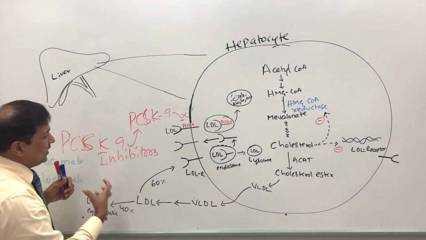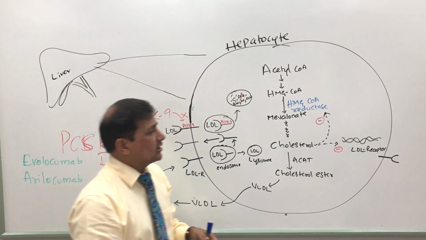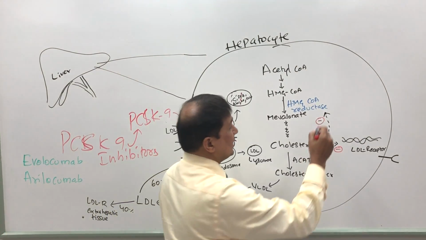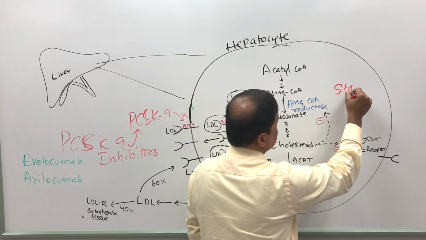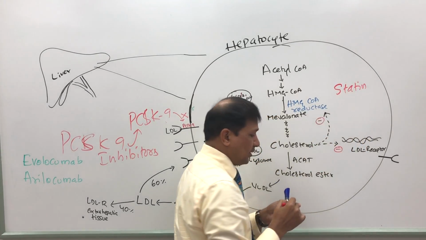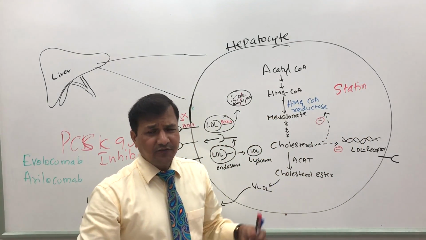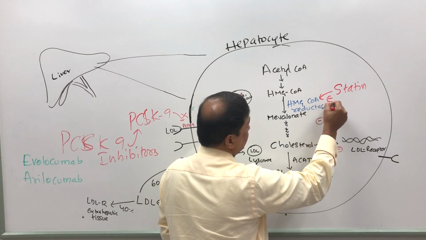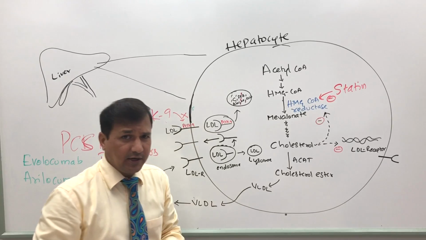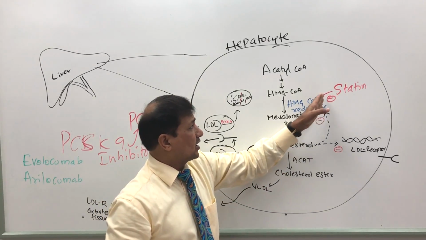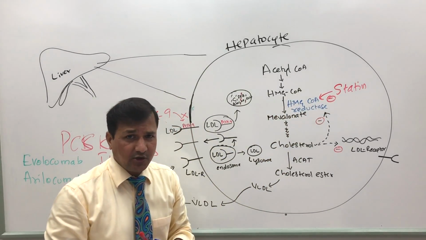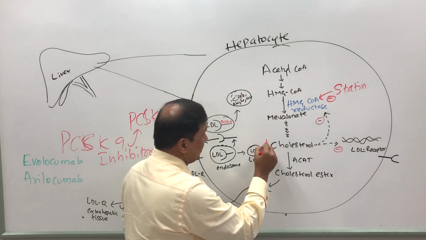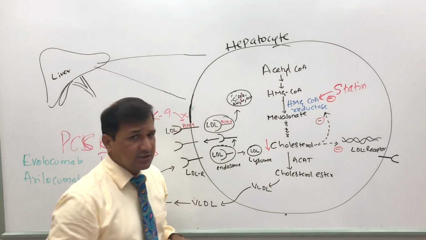Since I am explaining PCSK9 inhibitors, let me explain what the mechanism of statins is on LDL receptor expression. The statin group of drugs, there are different types of statins. They are going to have a competitive negative effect on the HMG-CoA reductase enzyme. Statins are competitive inhibitors of HMG-CoA reductase, thereby decreasing cholesterol synthesis.